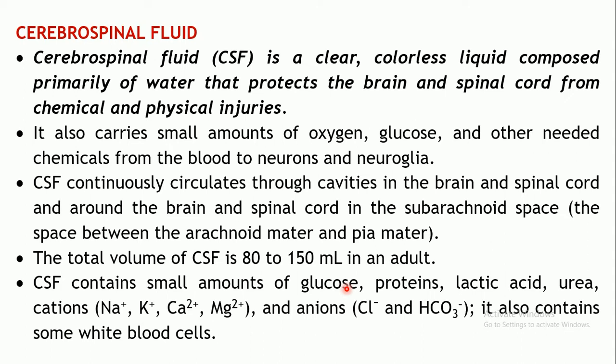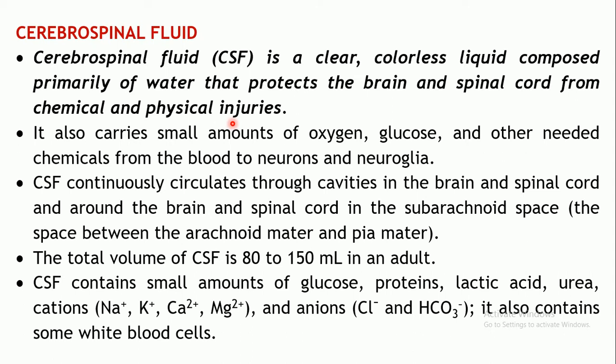Then coming to the next part, that is the cerebrospinal fluid or CSF as it is called. That's a clear colorless liquid which is mainly composed of water, which protects the brain and the spinal cord from any kind of chemical or physical injuries. That's the main function of cerebrospinal fluid.